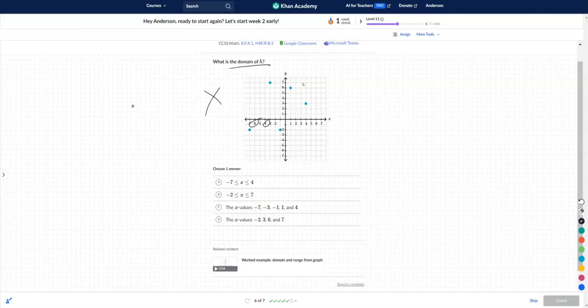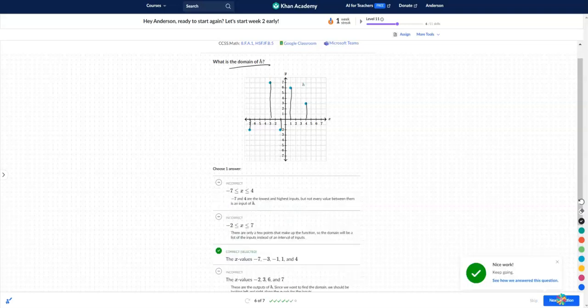We are going to have actual values, or just whole numbers. So this dot is -7. This dot, -3, -1, 1, and 4. Those are the only values in our domain, which is C.